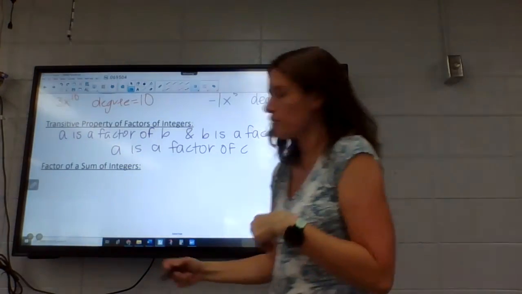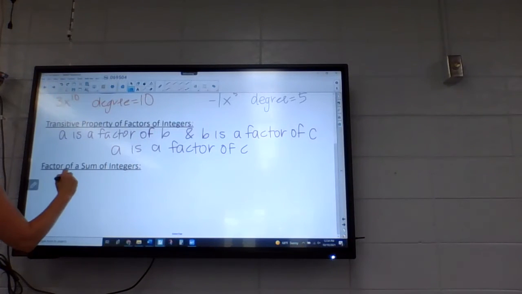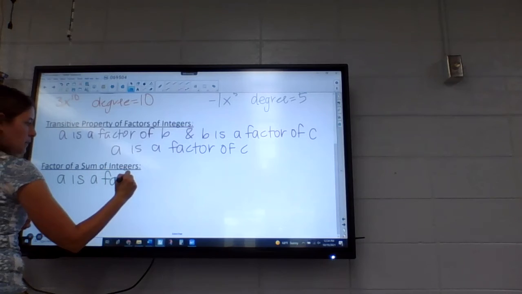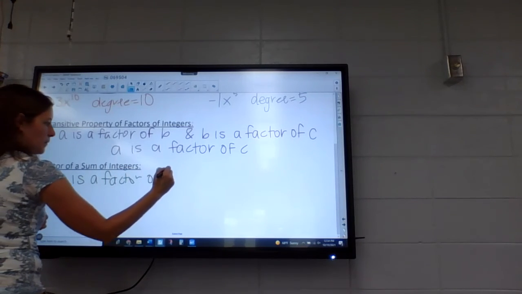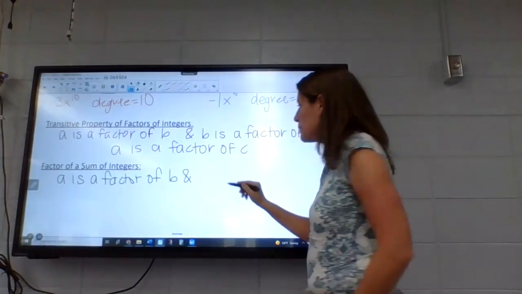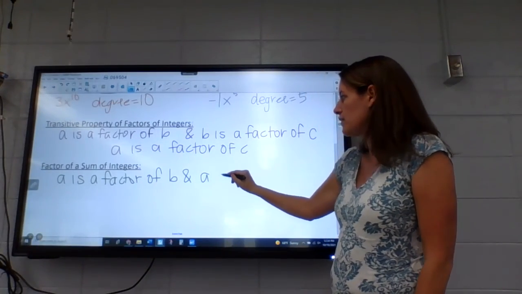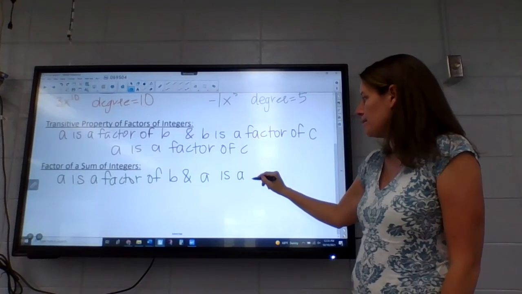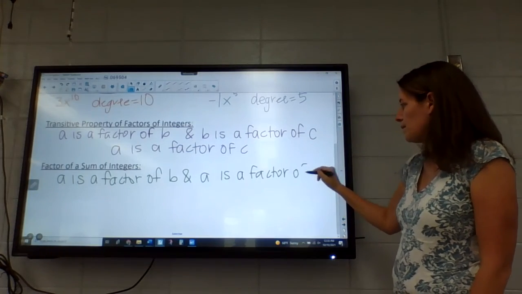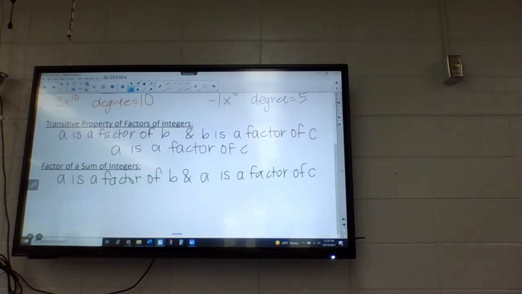So A is a factor of B, and this time A is also a factor of C. Like 3 is a factor of 12, but 3 is also a factor of 9.